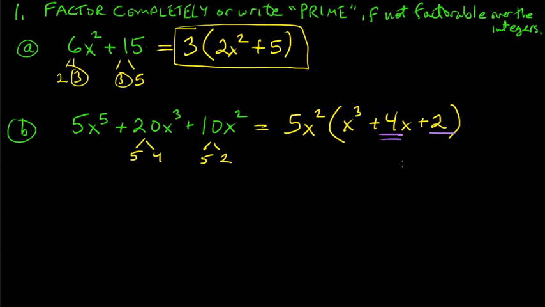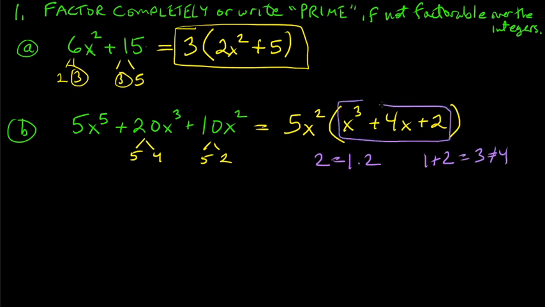Well, there aren't any. 2 is just 1 times 2. But 1 plus 2 is 3, which is not 4. So that tells me that this here is prime. There's nothing further we can do here, and so we're done. This is the answer here.